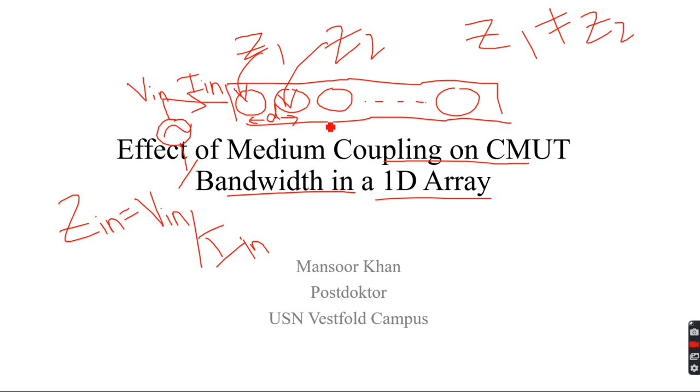Why this happens is that the cells tend to push each other. They're not only coupled in immersion, but when they are driven, when the membrane starts vibrating owing to the application of a harmonic signal, one cell pushes another cell, and this effect is called the mutual coupling.